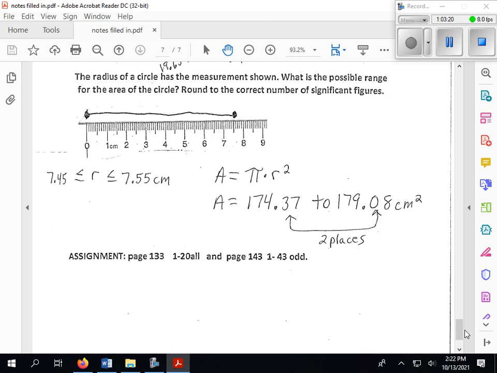Just 174. I don't agree with that. I don't know why you'd round it off that much. What should this one round to? 179. But if that's the question I'm asking you and you round them off that way, can I really throw a big fit? Because that would be the correct answer as far as its significant figures go.